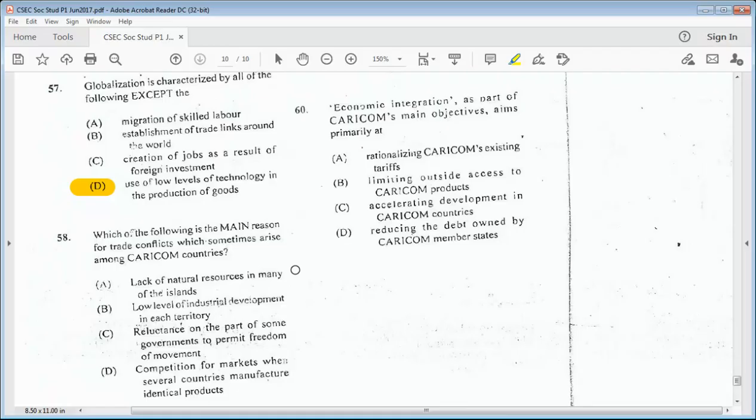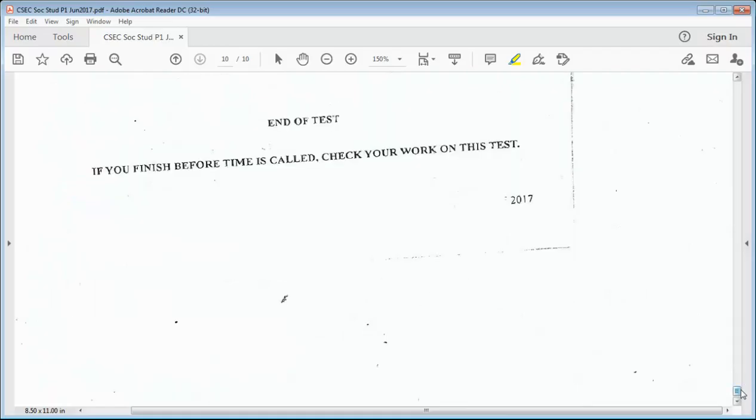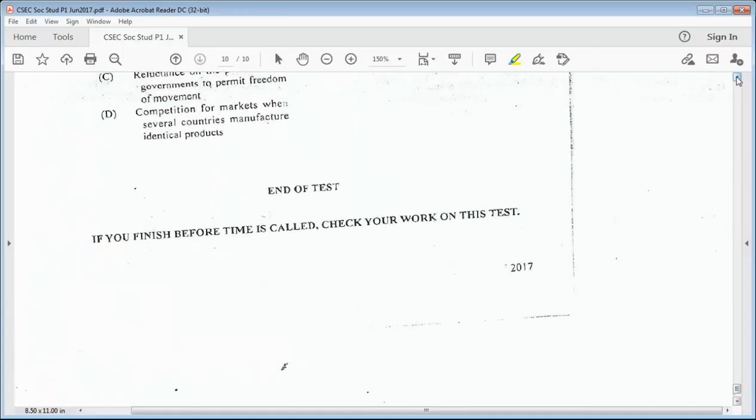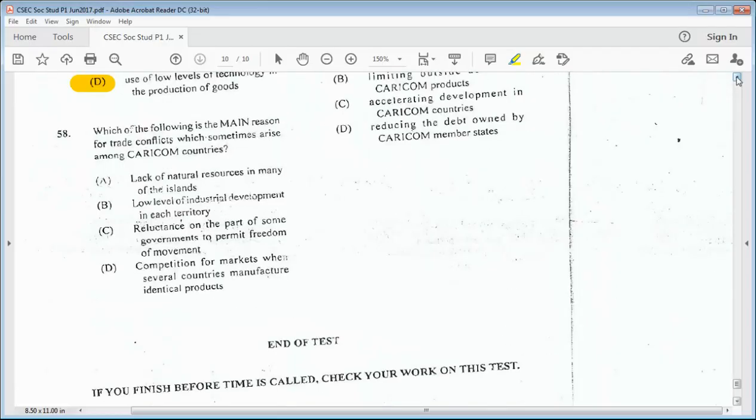58. Which of the following is the main reason for trade conflicts which sometimes arise among CARICOM countries? A, lack of natural resources in many of the islands. B, low level of industrial development in each territory. C, reluctance on the part of some governments to permit freedom of movement. Or D, competition for markets when several countries manufacture identical products. So it says the main reason for trade conflicts.